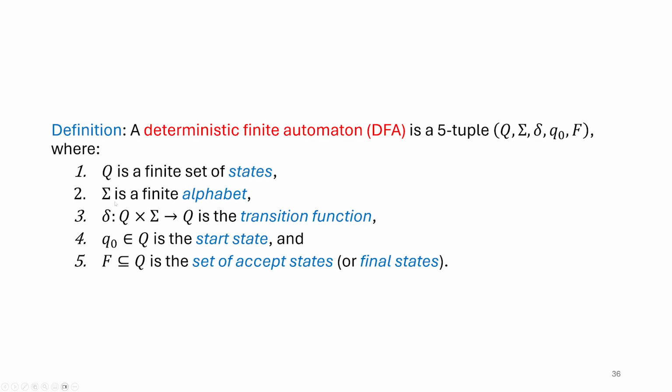Then we've got our sigma, which is also another set. It's a finite set, but in this case, it's an alphabet. And remember, the differences here are only the purposes that we put them to. We might have the exact same symbols in our sigma that we had in our states. So for instance, our states might be state 0 and state 1, like we saw in our example, and then we might also have an alphabet that just has zeros and ones.